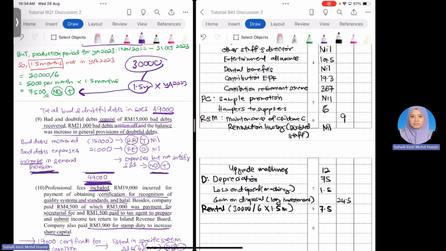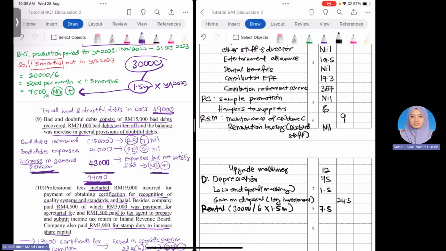Expenses, right. So 49,000 ringgit plus back the 15,000 minus 21,000, you should get 43,000 ringgit. Can get 43,000 ringgit? Okay, we already know 43,000 ringgit is for the increase in general provision.